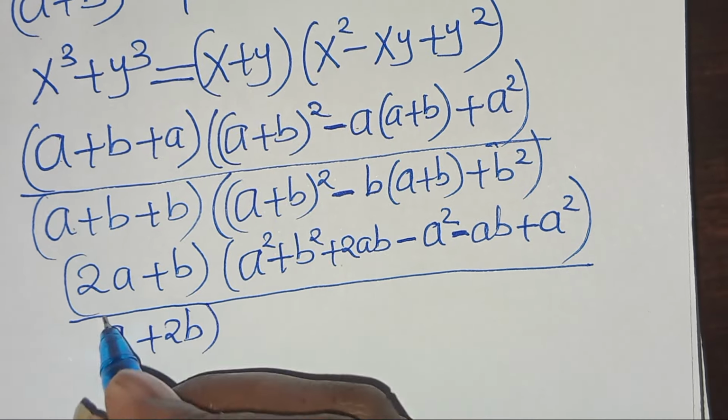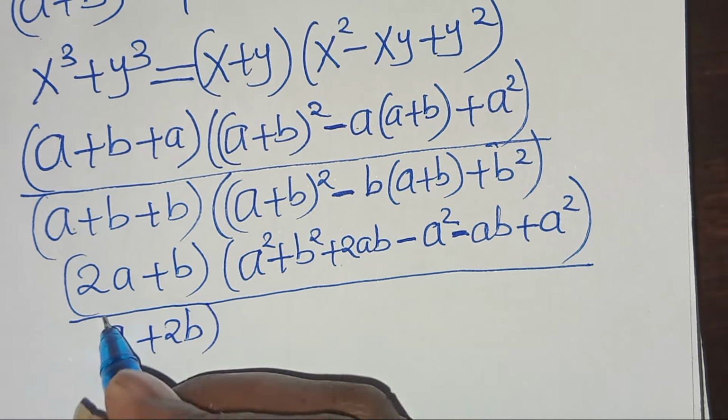Therefore, substituting the values of a and b, here we have 2 multiplied by a, which is 30, then plus 35, divided by a, which is 30, plus 2 times b, which is 35. So this is equal to 30 times 2, which is 60, then plus 35, divided by 30 plus 35 times 2, which is equal to 70.